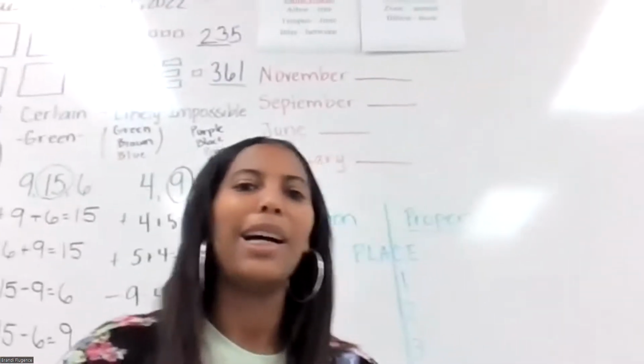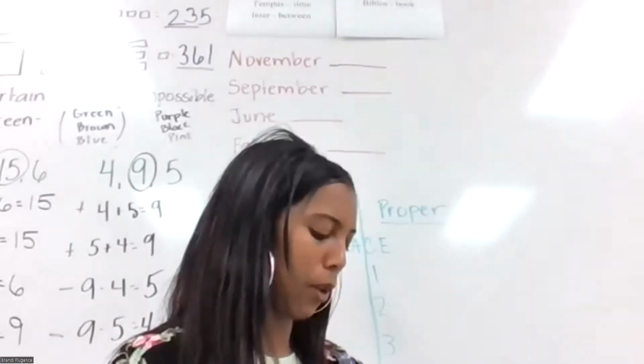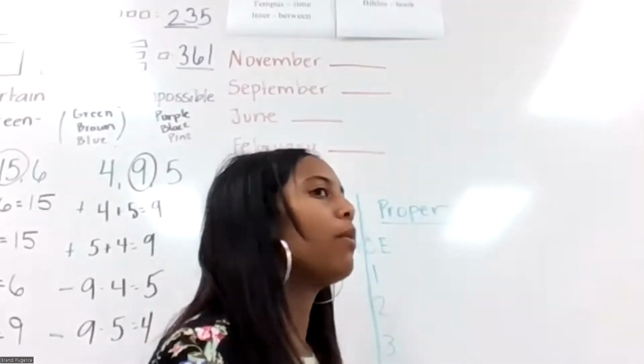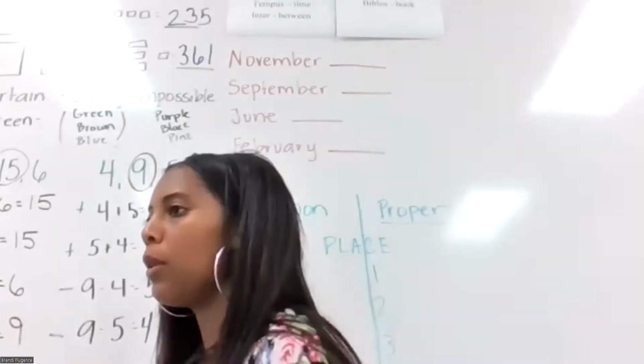All right. So remember, we've been learning how to abbreviate the months, right? We have 12 months in a year. Abbreviate means to write the months a short way. How do we abbreviate the months?